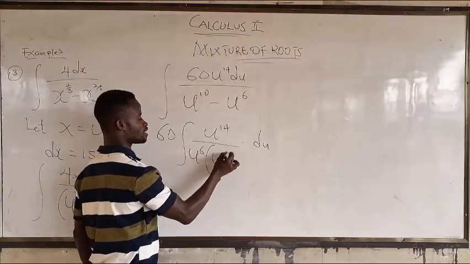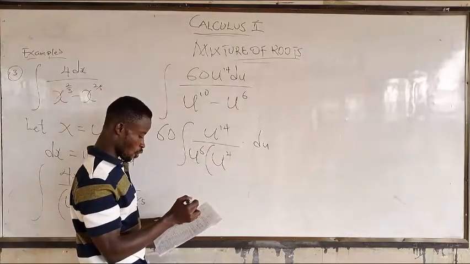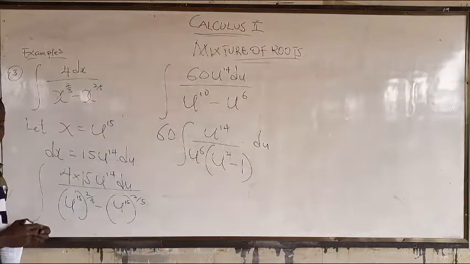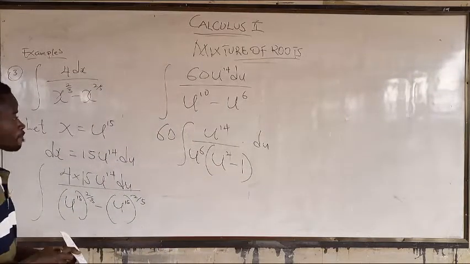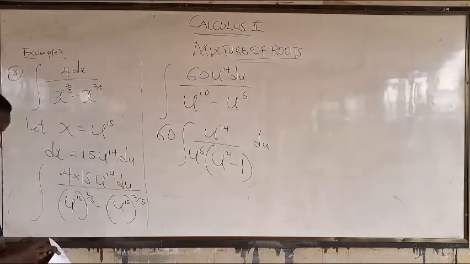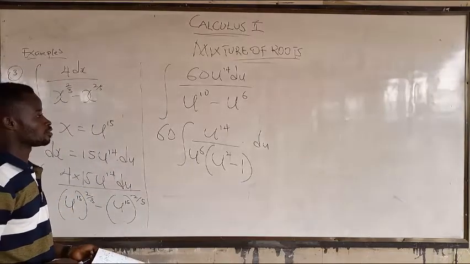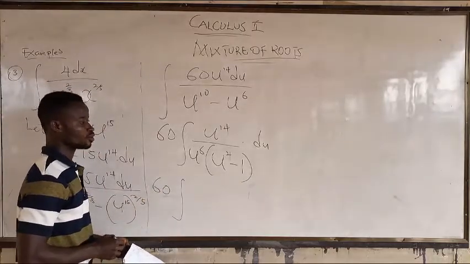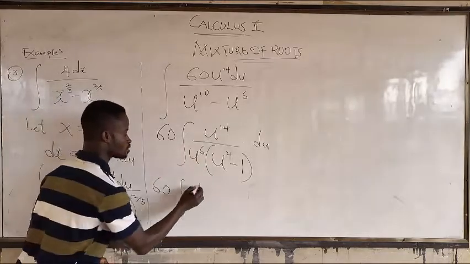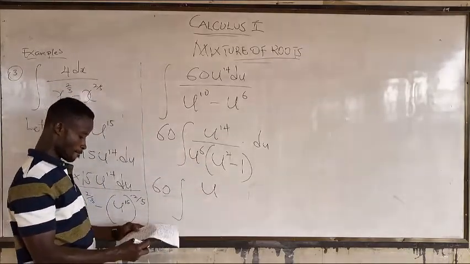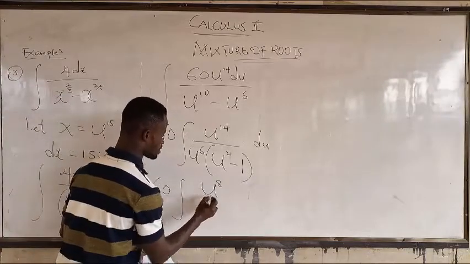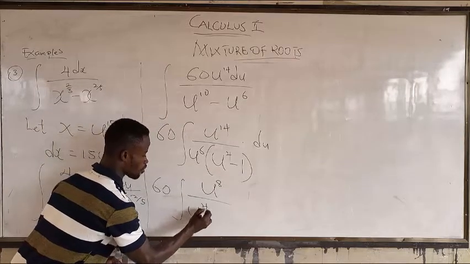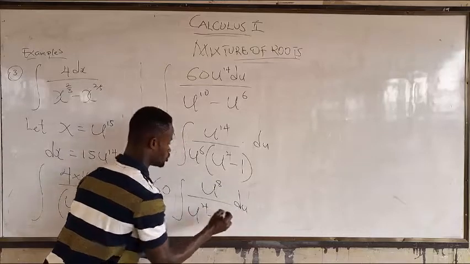And you end up getting u raised to the power 4 minus 1. Very good. So here 60 integral of u raised to the power 8 over u raised to the power 4 minus 1 du.